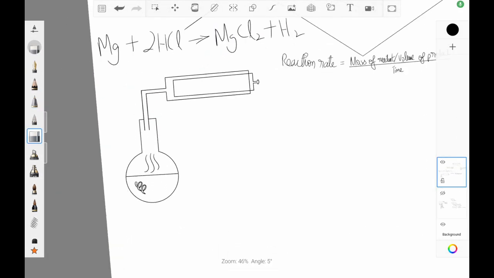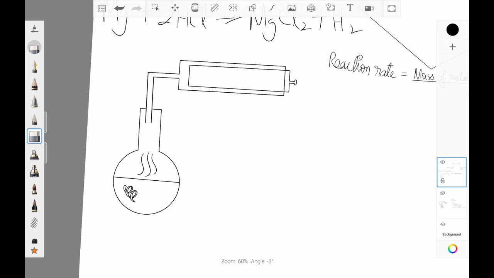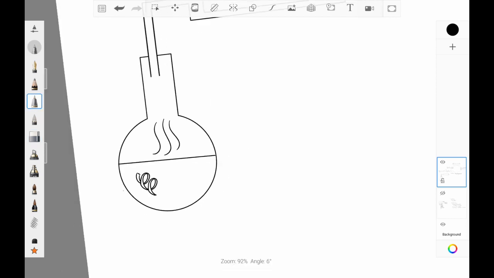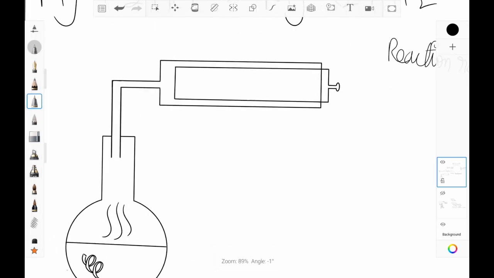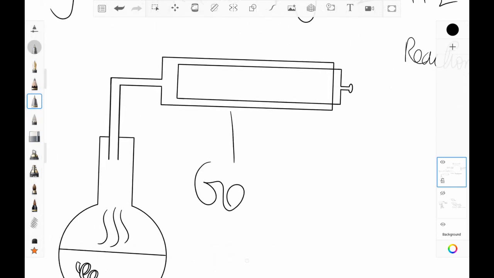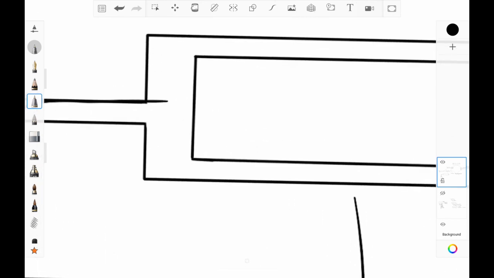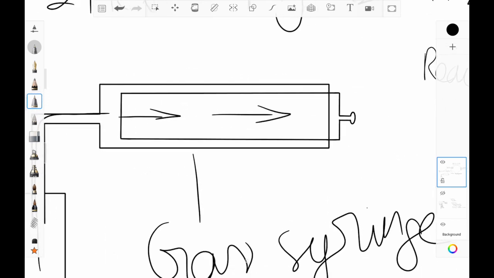The reaction is balanced, and if we were to carry out the reaction in a round bottom flask as shown here, with this just being a strip of magnesium, you would see that it releases the hydrogen gas, and we could use something called a gas syringe to measure the volume of gas. So how it works is that as this gas makes its way through the gas syringe, it's going to push this stopper to this side.